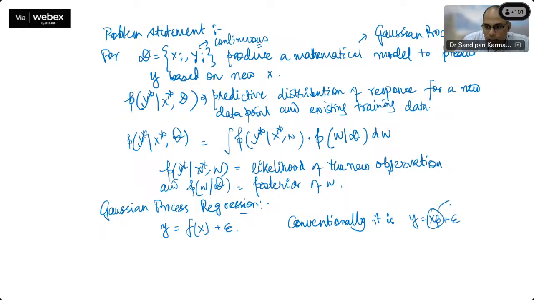Now I am replacing this x beta using f of x, and that f of x follows the Gaussian process. Epsilon generally follows a normal distribution, so we are sticking to it: epsilon follows a normal distribution with mean 0 and precision rho.